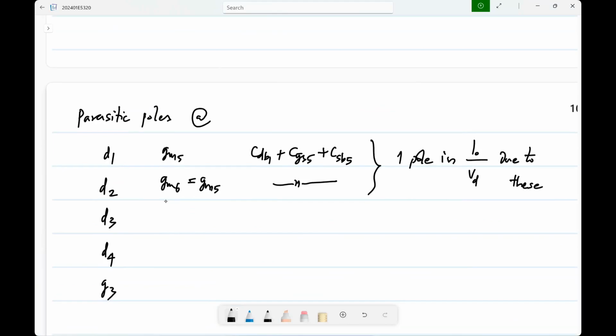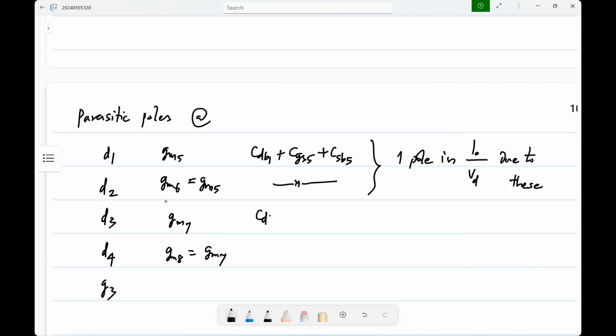Anyway, these are details that we normally don't work by hand, but we need to know this so that when you get the simulation result, you can understand it. And then for D3, D4, this will be GM7, GM8, which is the same as GM7. And these are again similar.